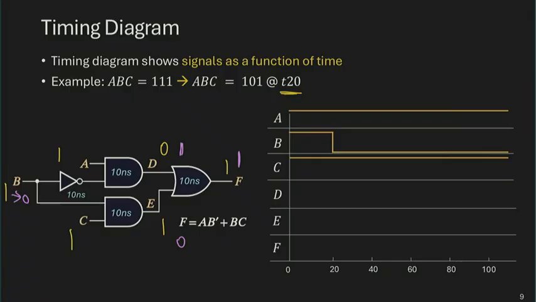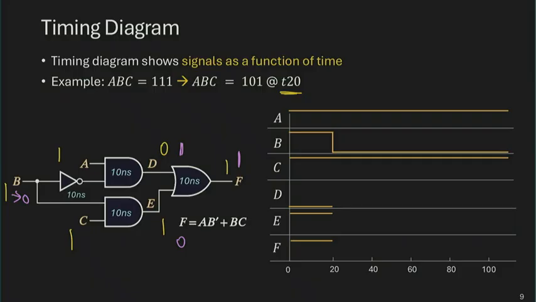So let's say E depends on B and C after 10 nanoseconds of delay. My initial value for E is a 1. My initial value for D is a 0. And the initial value for F is a 1. These are based on my original condition of ABC equals 1, 1, 1.